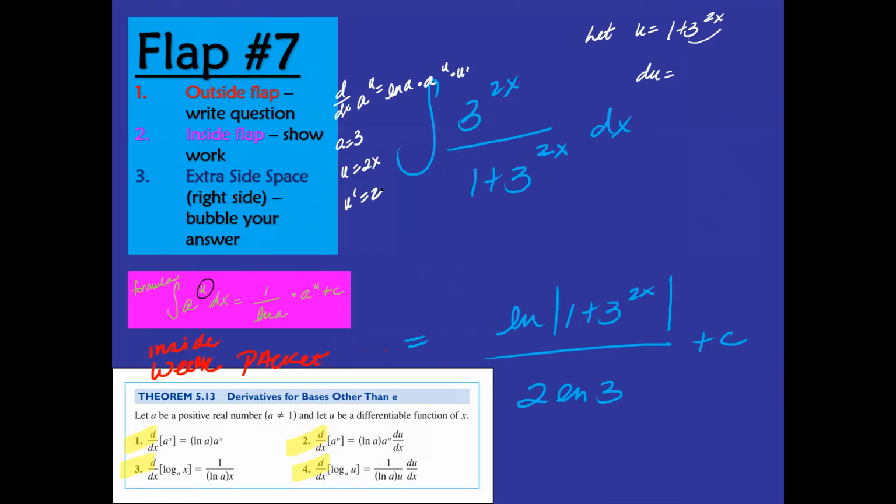So replacing this, I have ln 3 times 3 to the u times u prime. So I'm going to put a 2 right there, dx.